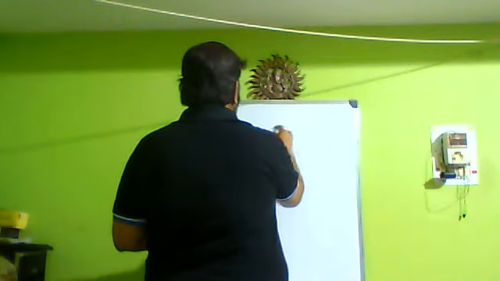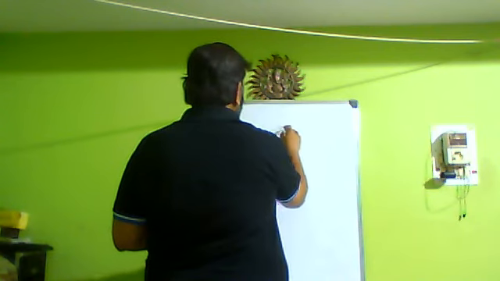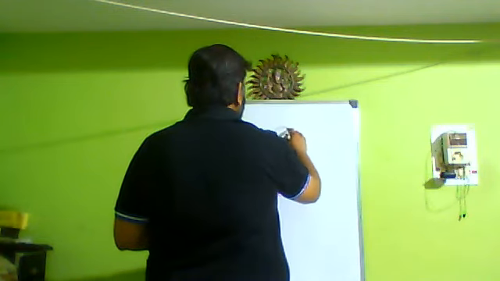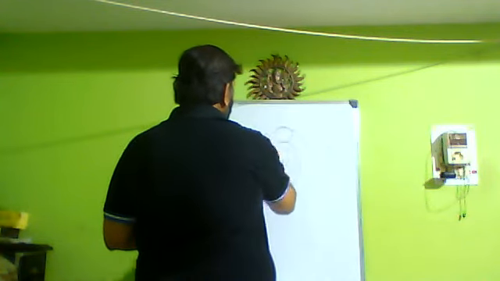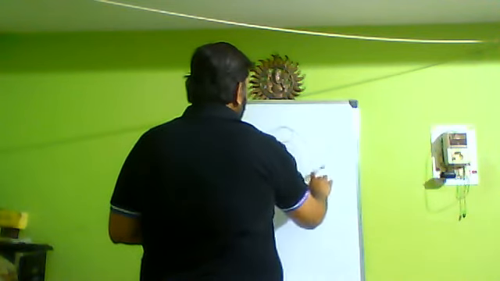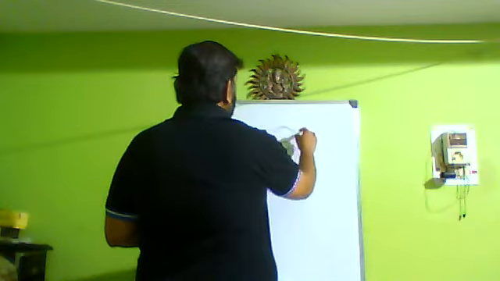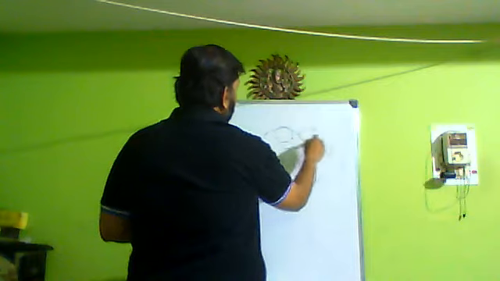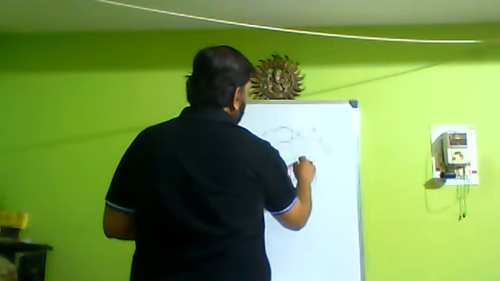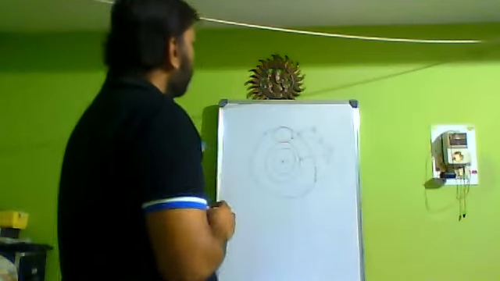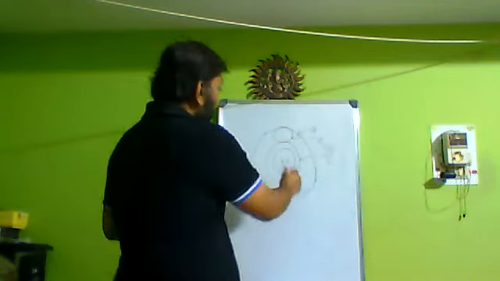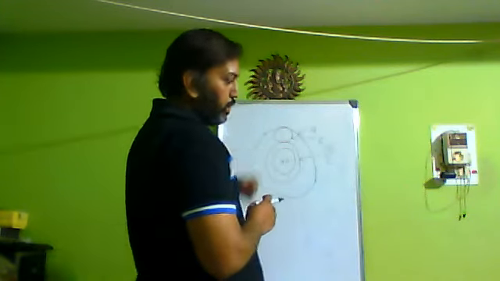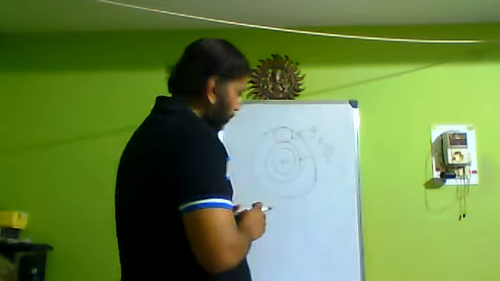There is also a gear A. This is gear E and this is gear C. So C and D are the compound gears, and E is another gear which meshes with the annulus gear, that is A.